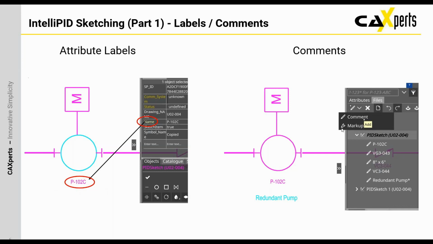And the second option is to select the object and to add what we call a comment. And then you can put any text inside that comment, and it will also be visible inside the sketch. It depends on you if you want to see those texts with leader line or not. I will show this in a few moments.